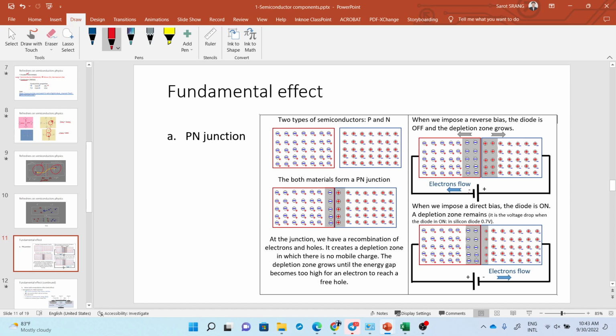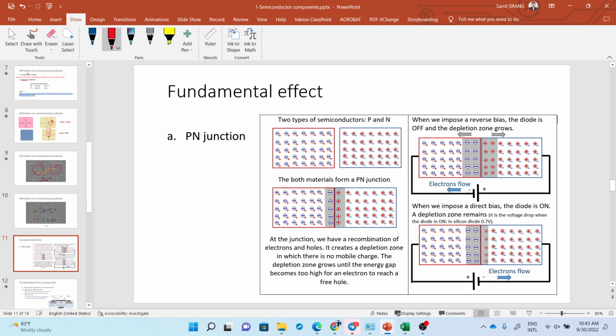What happened is that the accumulation of negative charge is more inside here, and the accumulation of positive charge is more inside here. So this part is called the depletion zone.